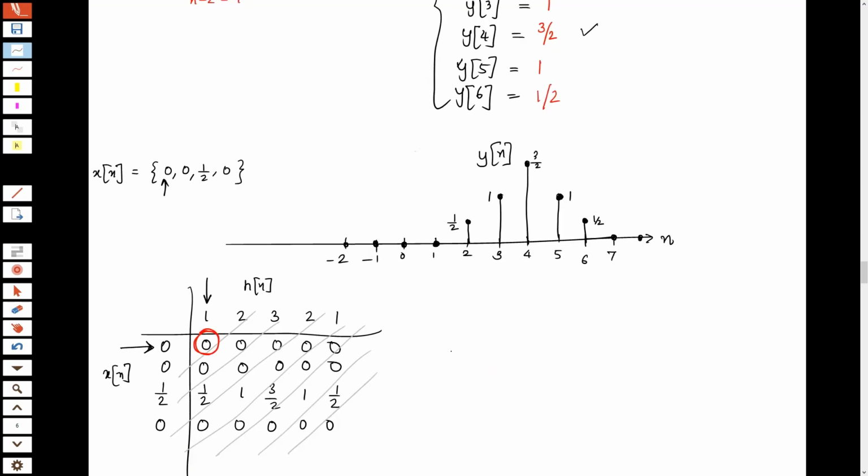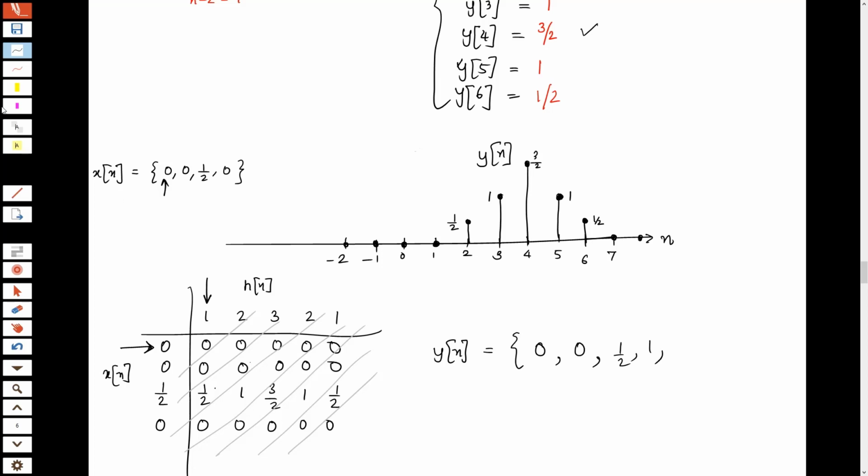So how do I write the output using this shortcut method? I add each of these diagonals. The first diagonal is just 0. Next sample is 0 plus 0. Next sample is half plus 0 plus 0, half. Next is 0 plus 1 plus 0 plus 0, 1.